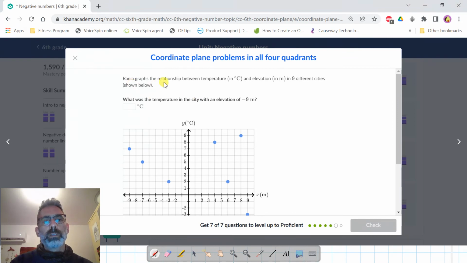Rania graphs the relationship between temperature in degrees Celsius and elevations in meters in 9 different cities shown below.